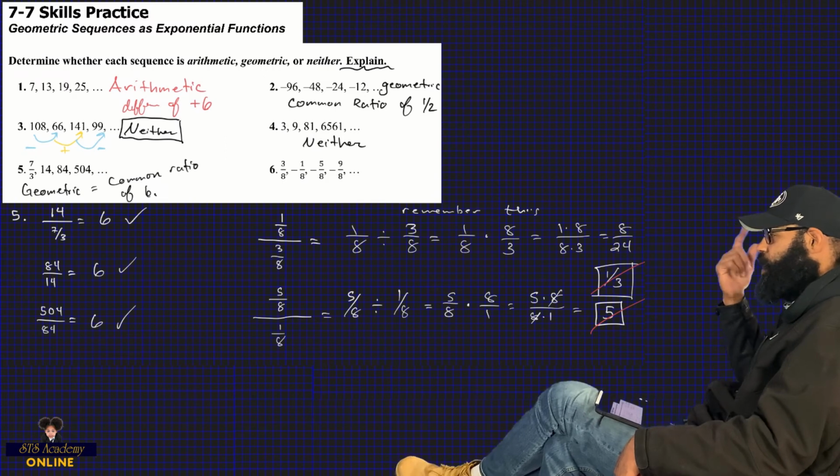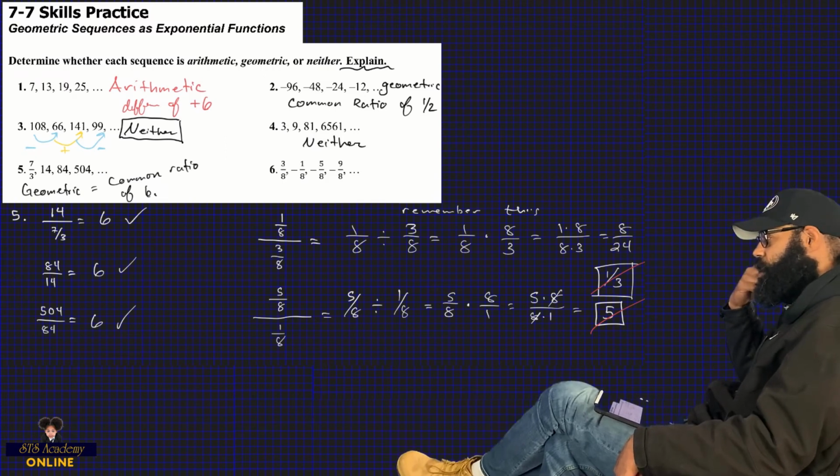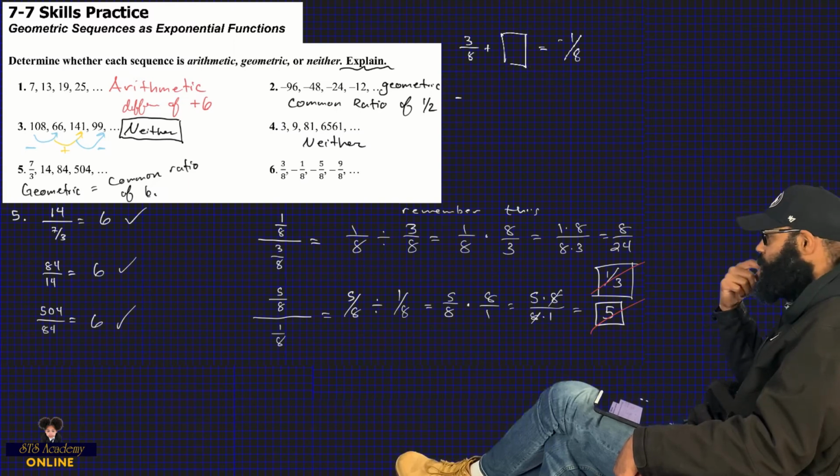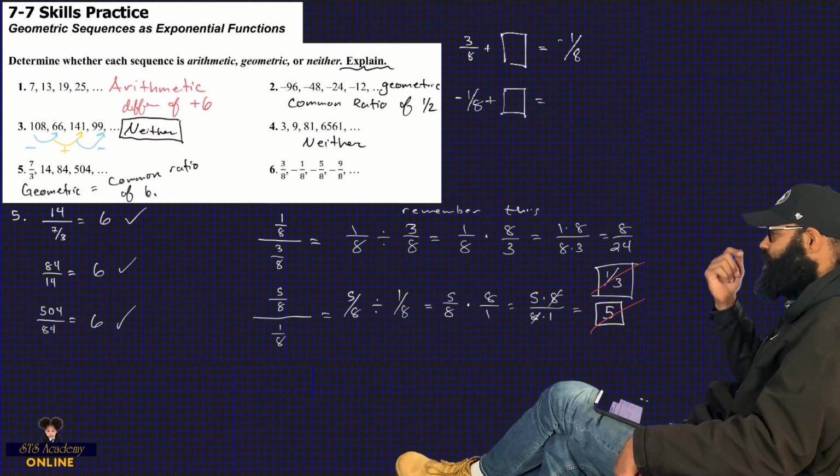And then I look at my numerators and I kind of go, hold on. 3, -1, -5, -9. Seems like they're going down. So let's see what happens here. Can I find a pattern? 3/8 plus what equals -1/8? -1/8 plus what equals, my next one, -5/8?